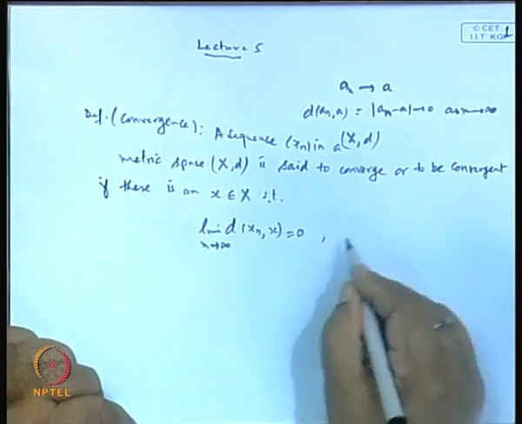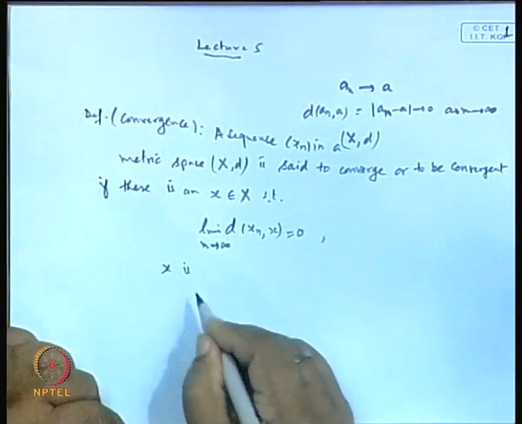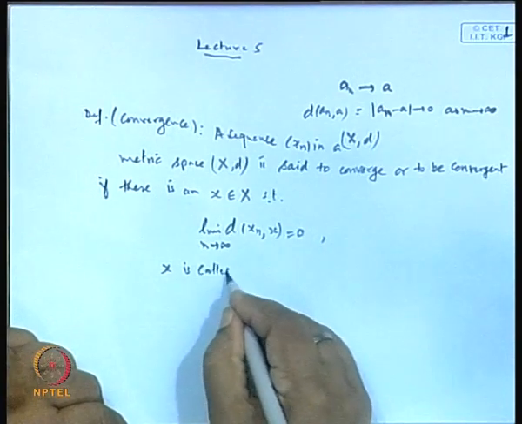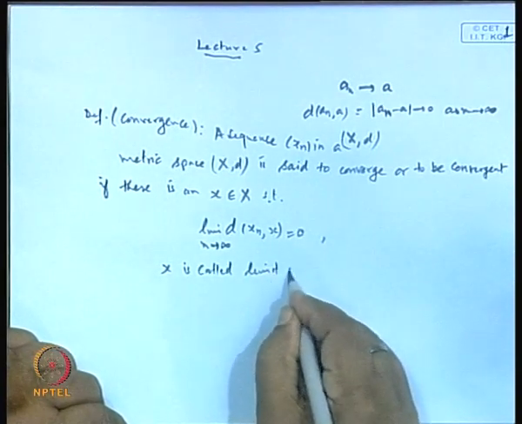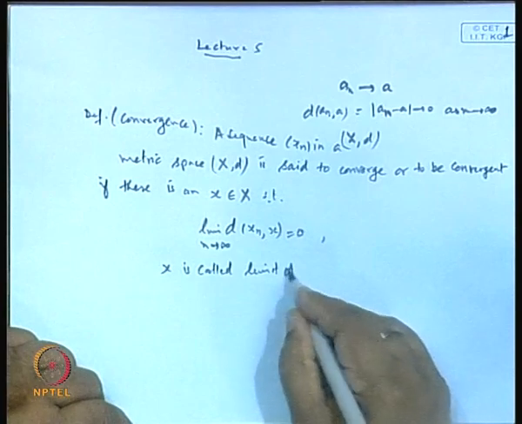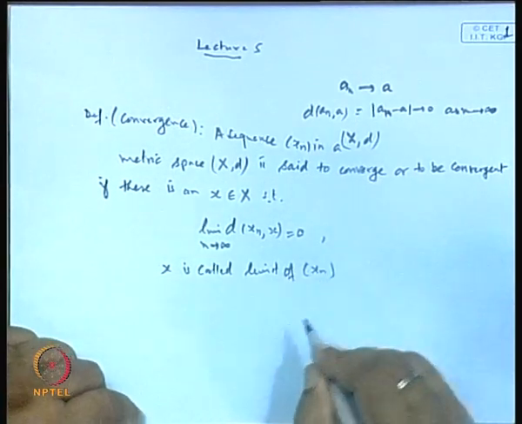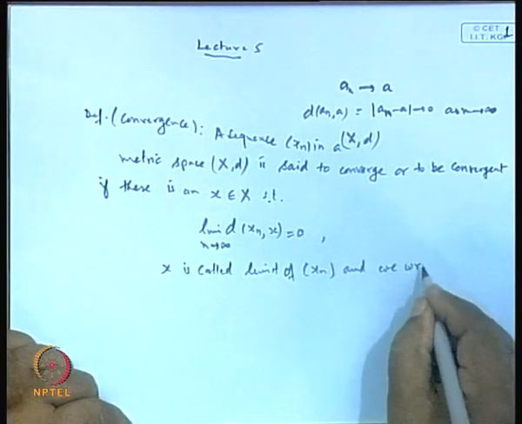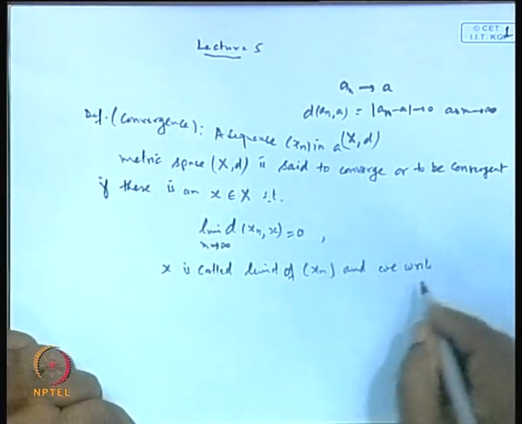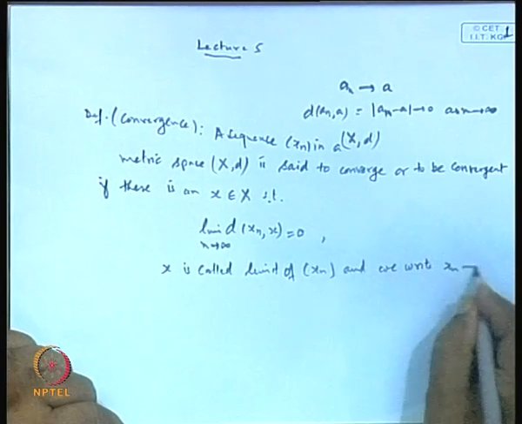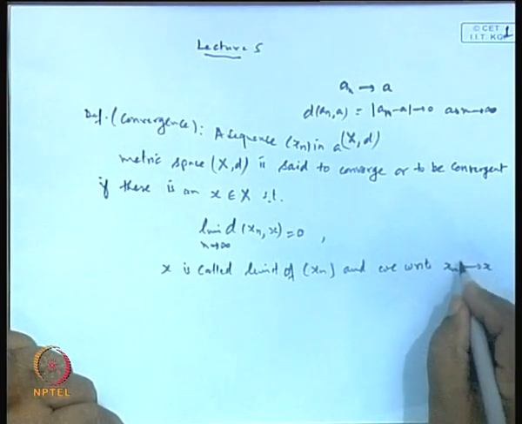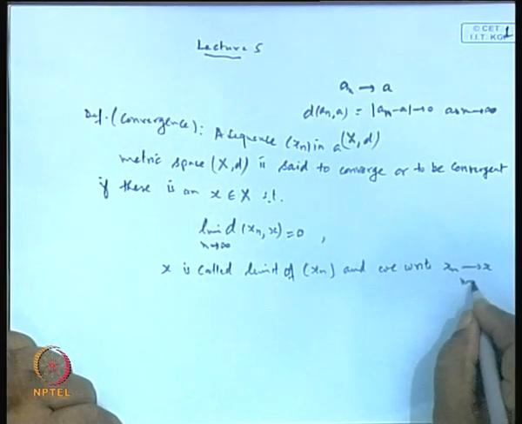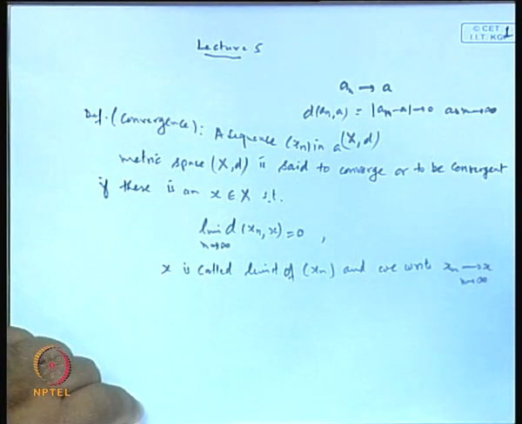Here x is called the limit of the sequence x_n, and we write x_n goes to x, or the limit of x_n as n tends to infinity is x.